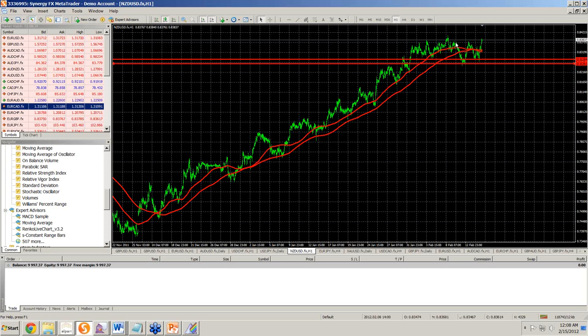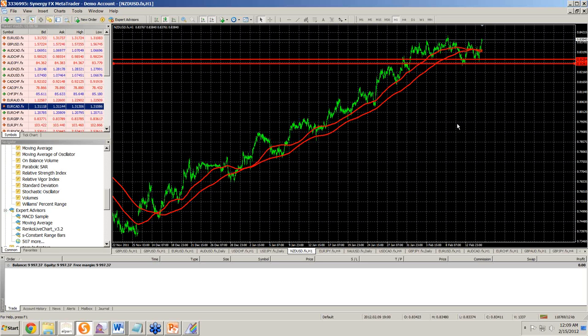That is a fundamental move as far as New Zealand dollar strength versus U.S. dollar weakness. There's no technical indicator really that's going to cause the market to move that way. It's just an overall fundamental concept as far as why the market is trending and moving up in that direction.